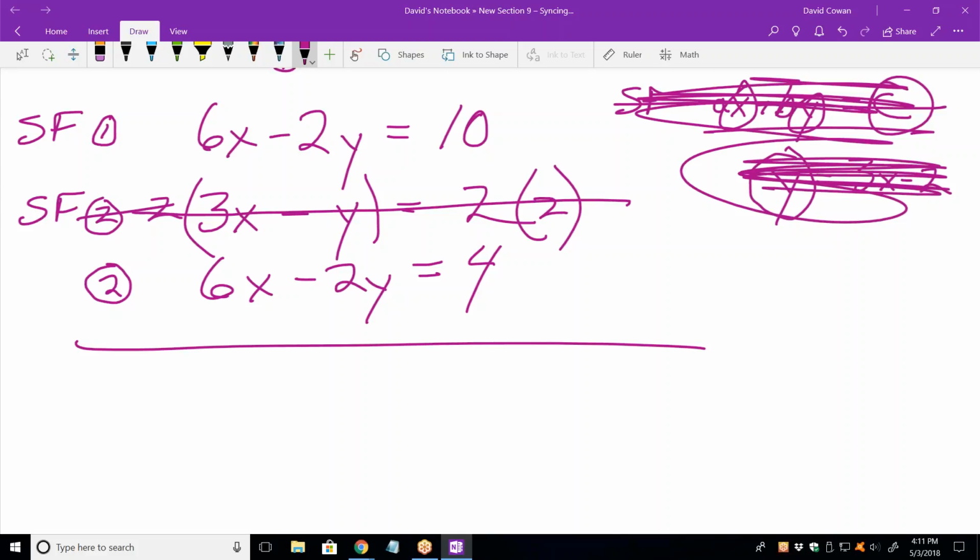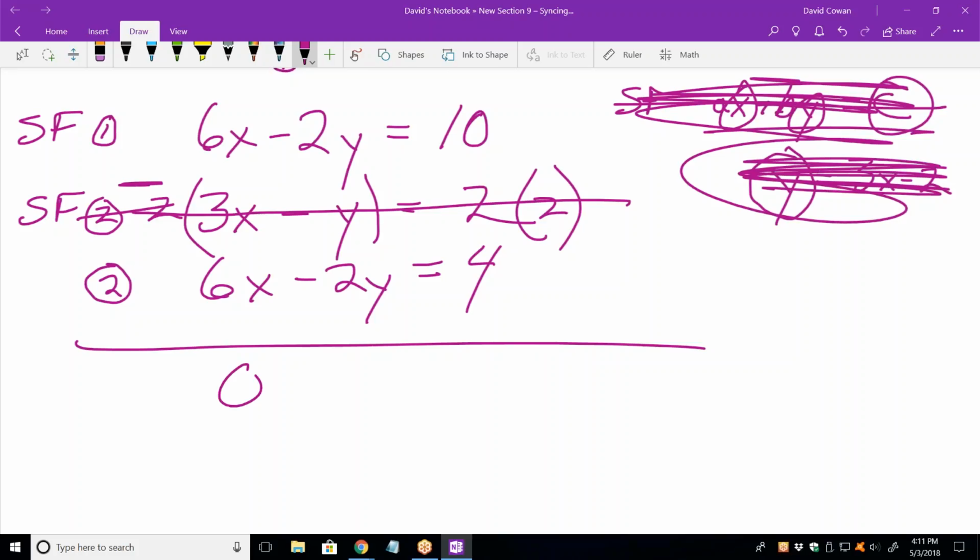Now we can eliminate 6x. How do I eliminate x? By adding or subtracting the two equations? Subtracting the two. Okay, so I'm going to subtract.